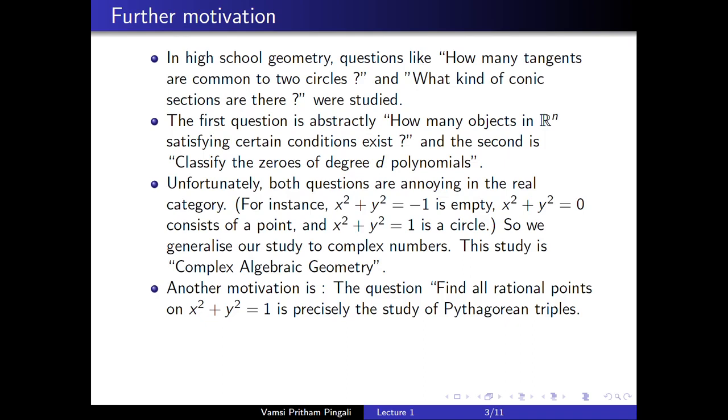You want to find all right angle triangles whose sides are integers. These two are equivalent; it's not hard to see by clearing the denominators. Now the point is, this locus x squared plus y squared equals 1 makes sense even when x and y are real numbers or even complex numbers, or for that matter, if x and y are in some finite field.